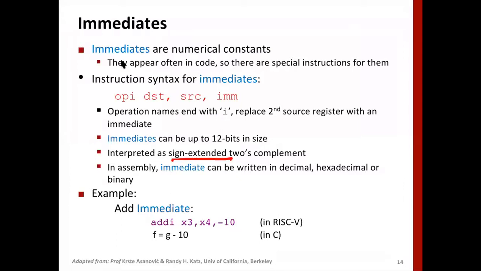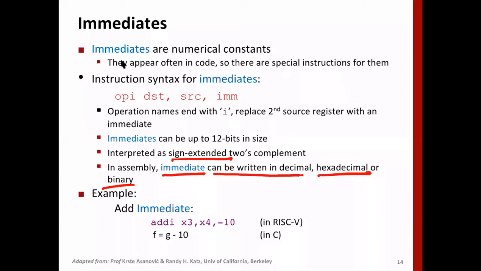Now the next point is that this immediate we are going to use can be written in decimal, hexadecimal, or binary. Because this assembly language instruction is ultimately going to get converted into a machine level instruction, whatever way you represent it in assembly will be converted into the appropriate form, defined by the machine format, which is a 2's complement number.